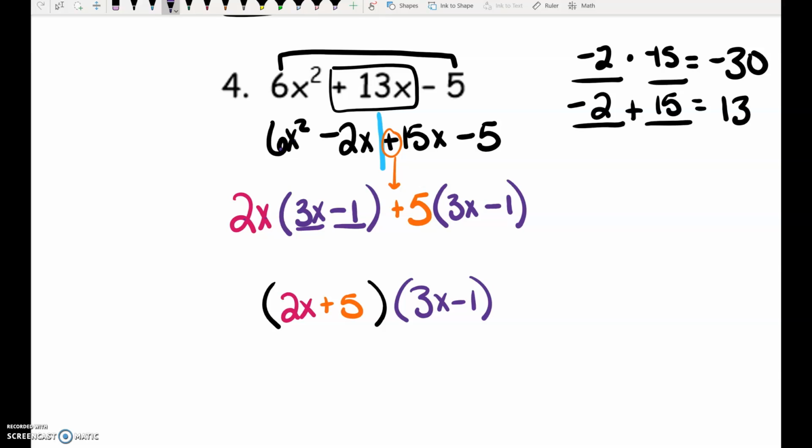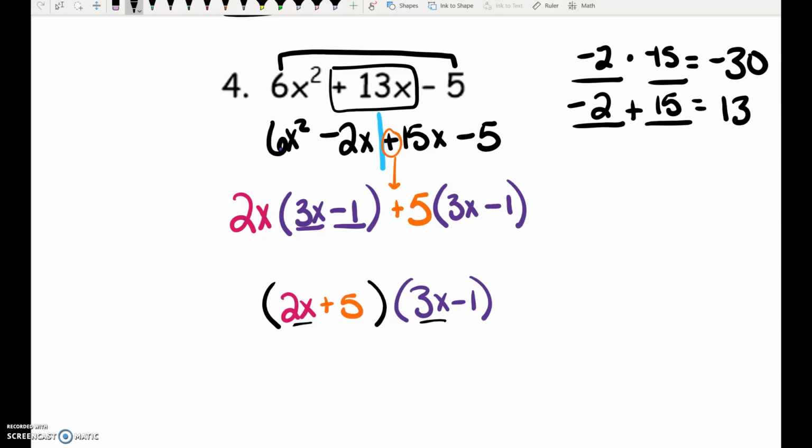This is a problem where guess and check might actually be a little bit more difficult. Because look at our first blanks, 2x and 3x. To get 6x squared, you could do 1x times 6x. You could do 2x times 3x. There's a couple different possibilities there.